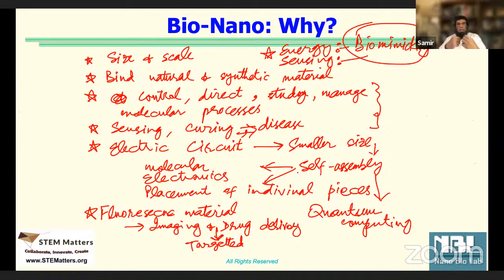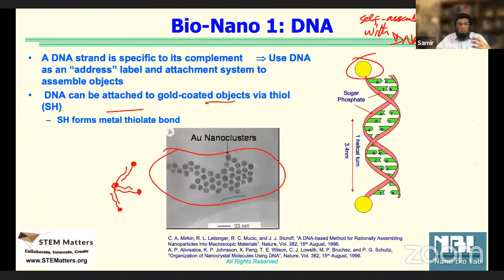We can bind and use many naturally occurring and synthetic materials together because of our knowledge now from what we call bottom-up assembly, bottom-up synthesis. That gives us another capability of making new materials. We can control, direct, and manage molecules in a much better way. We can engineer how and where they bind. This was the example we saw last time, right? They designed, and I call it a primitive example today, it's from '96.